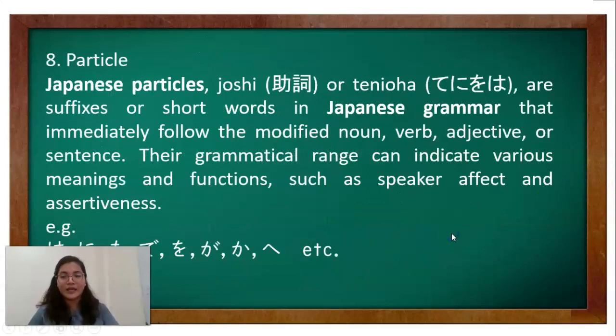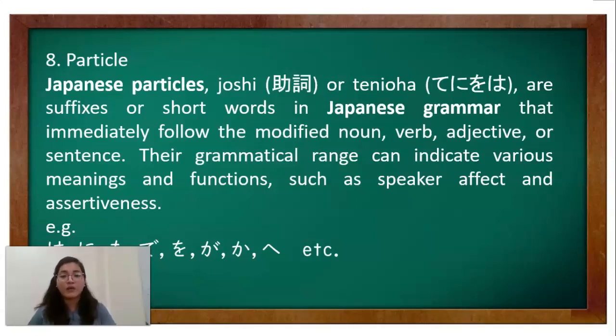Okay? And next is number 8, the particles. Japanese particles are called joshi. They are suffixes or short words in Japanese grammar that immediately follow the modified noun, verb, adjective, or sentence.